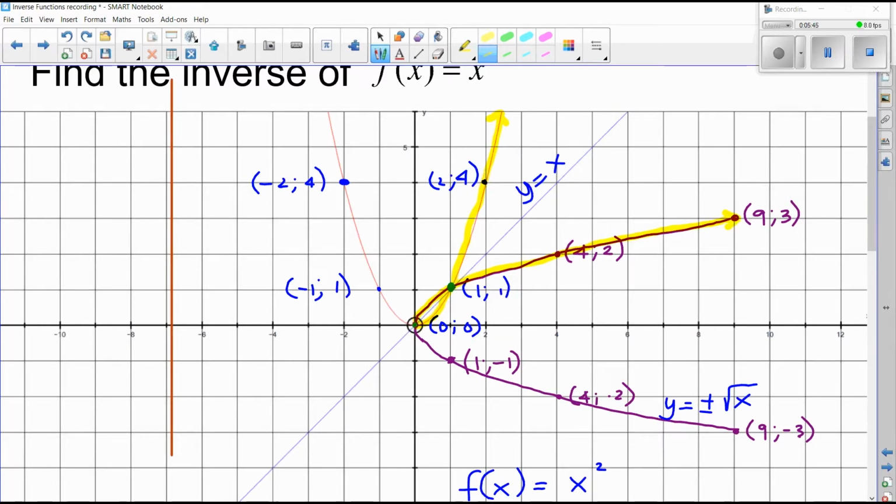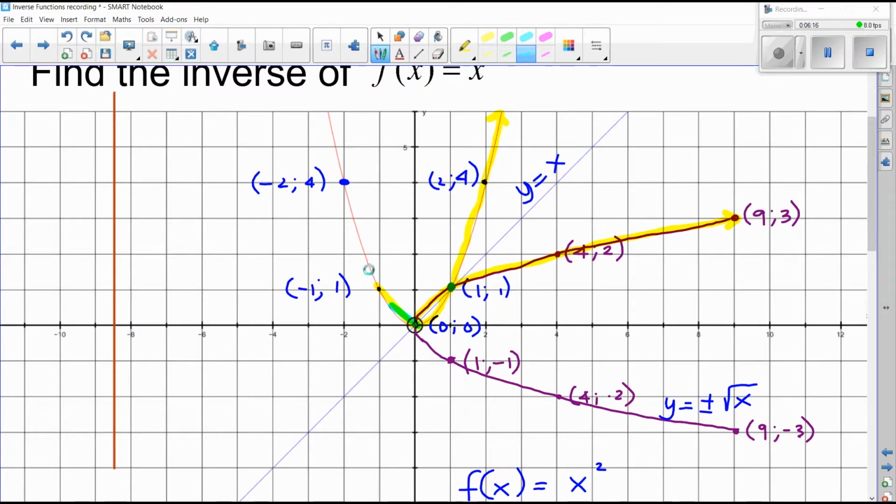And if we do the vertical line test on the yellow graph, can you see that the yellow graph will be a function because the vertical line will cut your yellow graph at one point only. We have a second option. We could restrict the domain for negative x values, so we could draw the arm for x values less than or equal to 0.